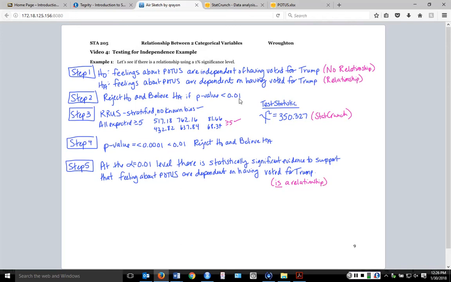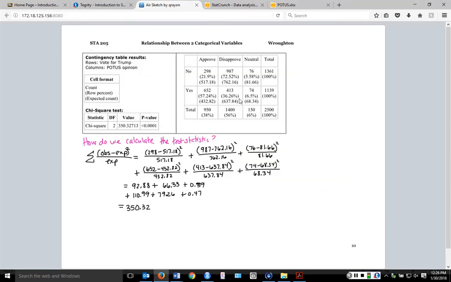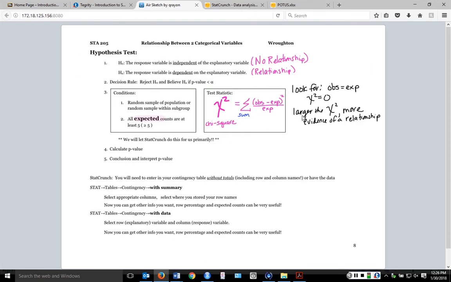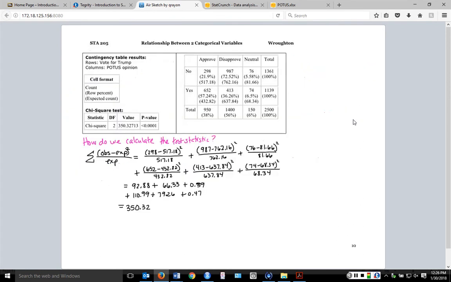Now, let's talk a bit more about those chi-squared contributions, these numbers that I calculated here, how they can really be useful for me to understand. So I just found that there really is a relationship between my two values. And what we talked about in the last video was the larger the chi-squared, the more evidence that there is a relationship. So if I look at these numbers that I got, which ones are relatively large?